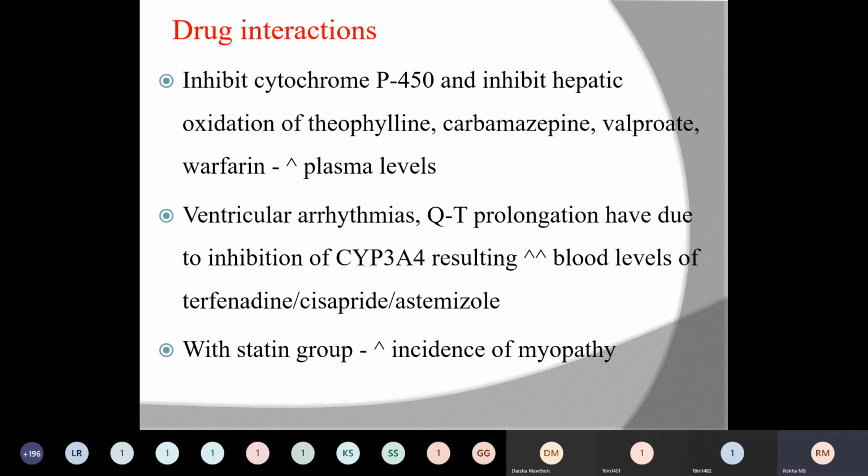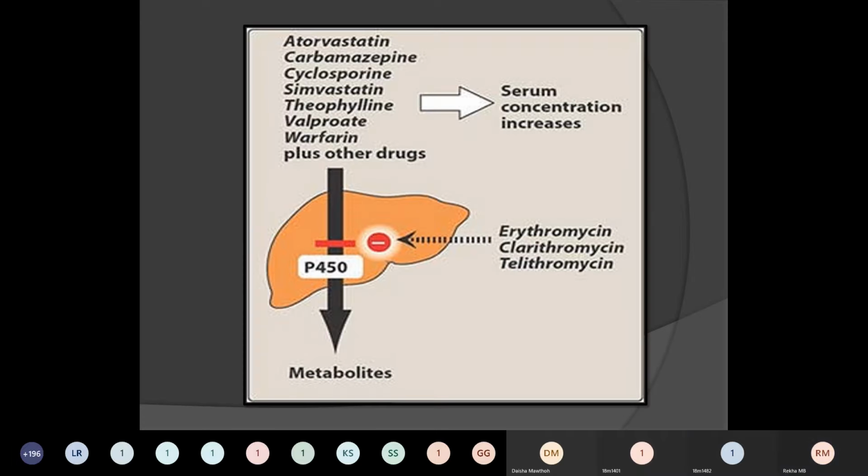And with statins, there is increased risk of myopathy. Now, in this picture, as you can see, macrolides, that is erythromycin, inhibit the metabolism of atorvastatin, carbamazepine, cyclosporin, simvastatin, theophylline, valproate, and warfarin.